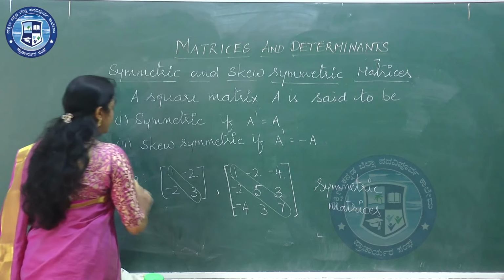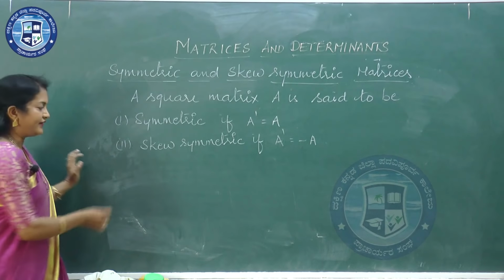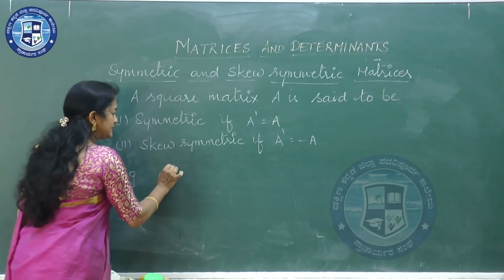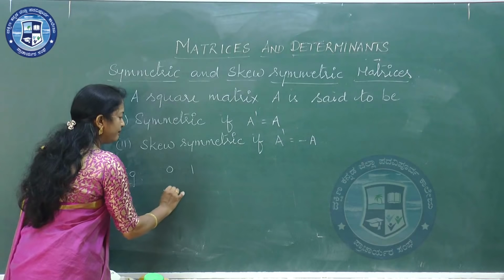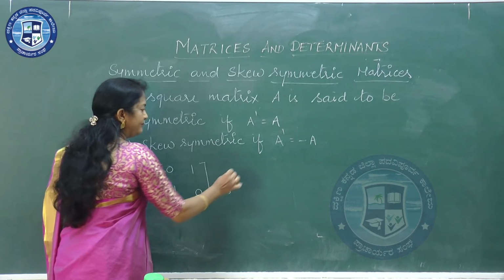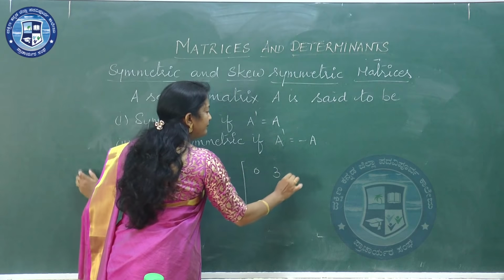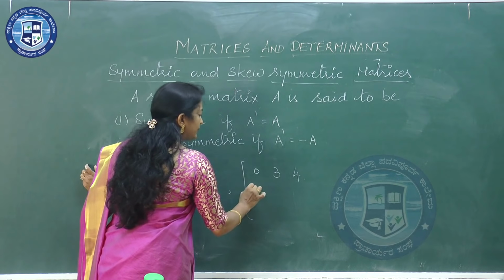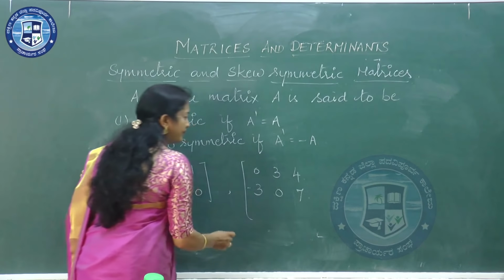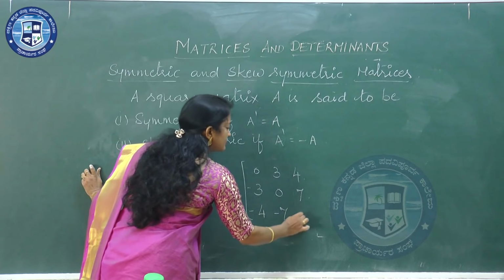Now we will see some examples of skew symmetric matrix also. 0, 1, -1, 0. One more example I am taking. 0, 3, 4, -3, 0, 7, -4, -7, 0.